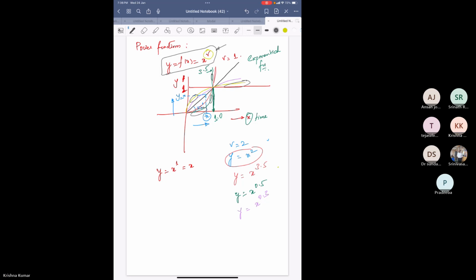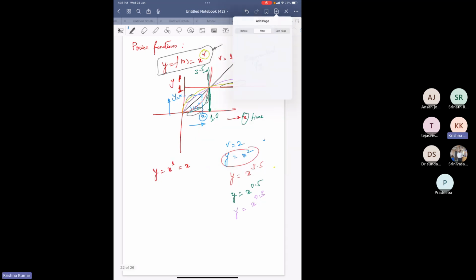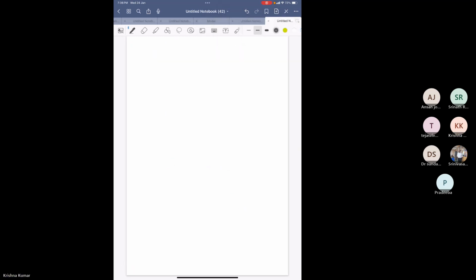Now, let us say, why should you put positive r? r can be negative. So, for example, y is equal to x power r, where r can be minus half, minus 1, minus 3, and so on. How would this graph look like, x versus y?